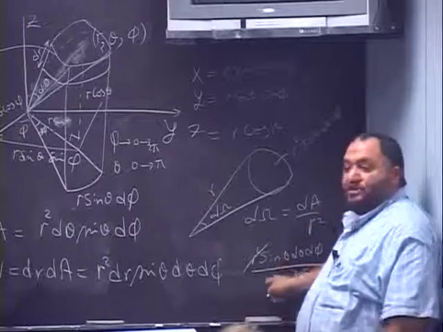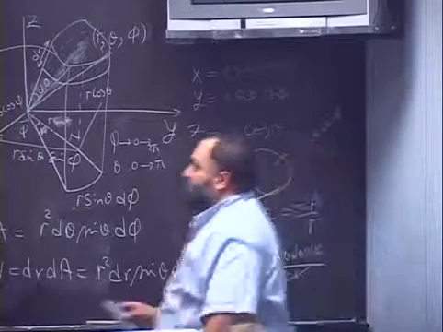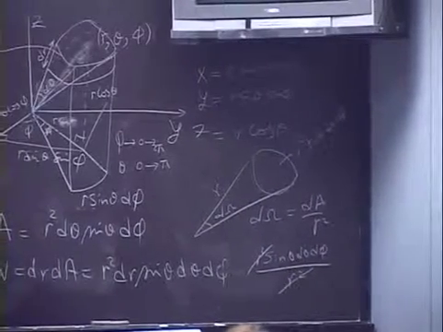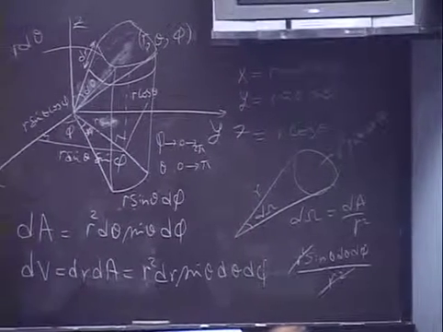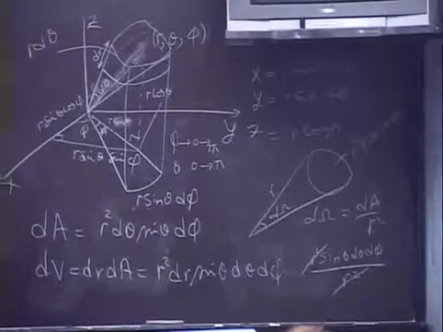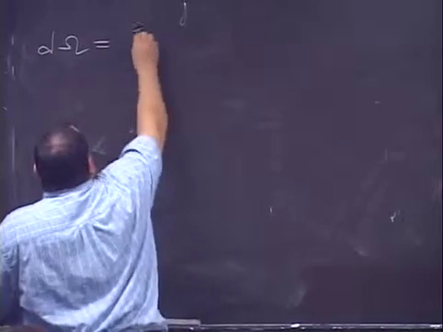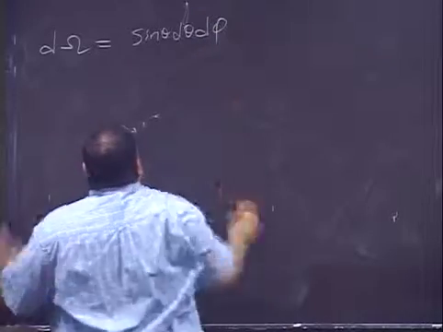If you integrate over the whole space, somebody can just tell me, what's the delta omega equal to? Sine theta d theta d phi.